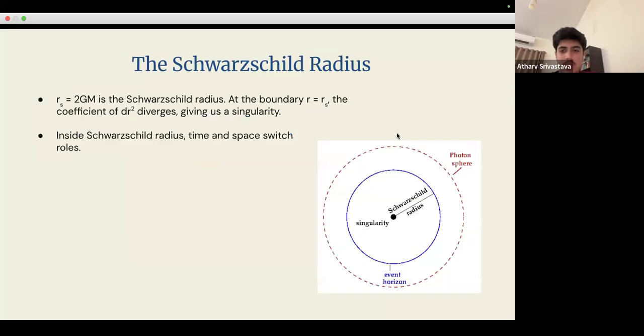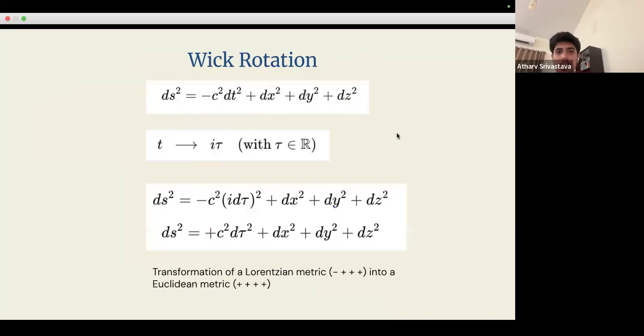So that was a diagram over here. Then in Wick rotation, as you can see with the Lorentzian metric, as I mentioned before, the signature is minus plus plus plus, and so there's this negative sign in front of the time coordinate, which you can remove using analytic continuation.